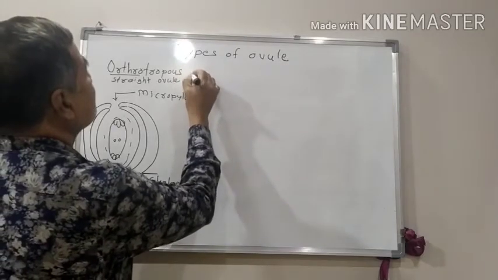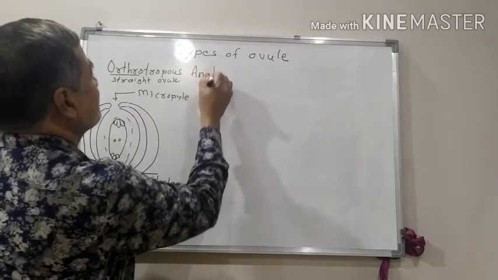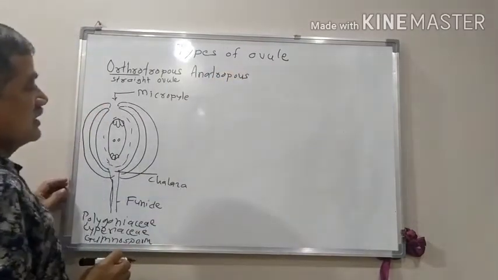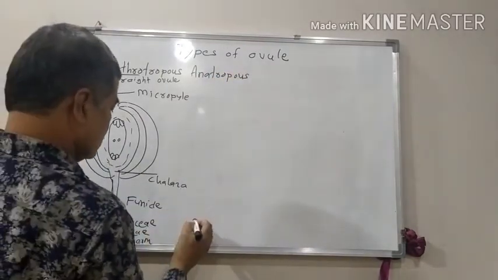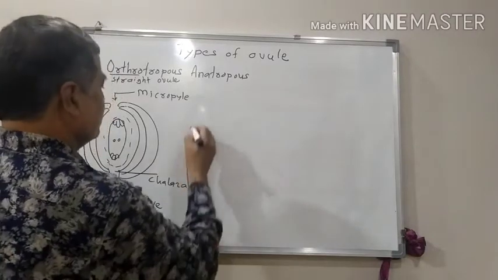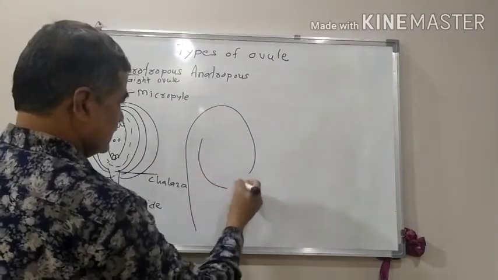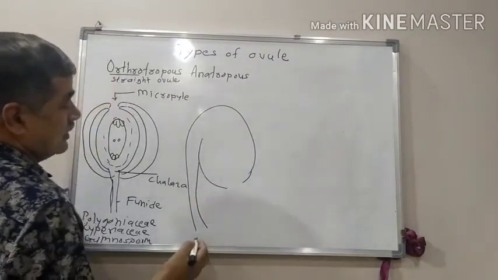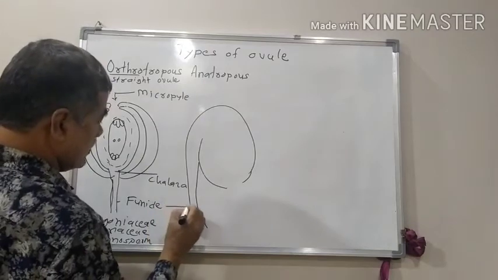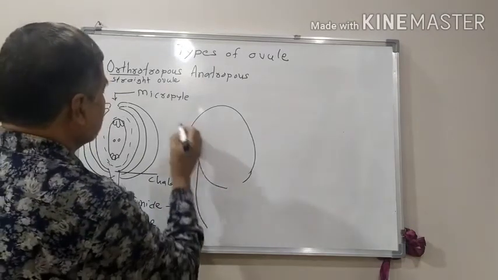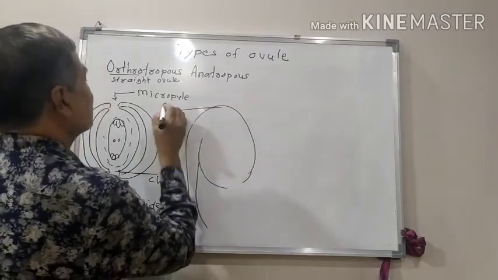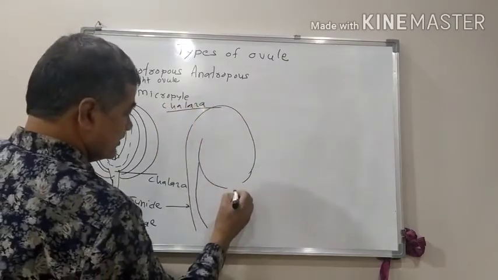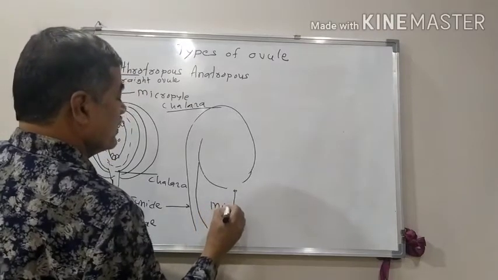The second one is the anatropous. Here in the anatropous ovule, this is the funicle, this is the chalaza, and this is the micropyle.